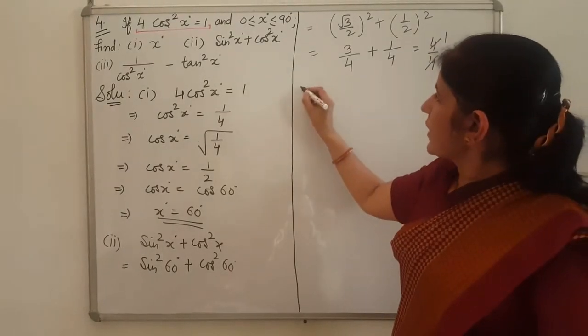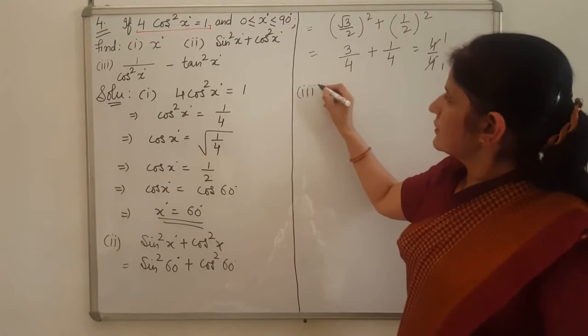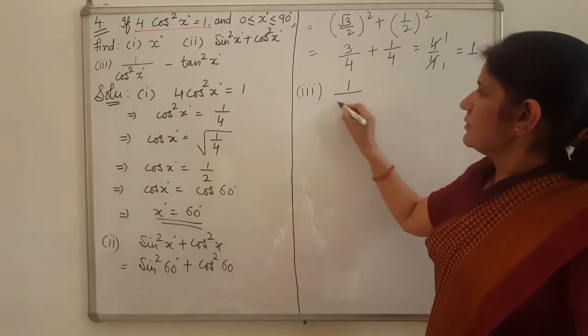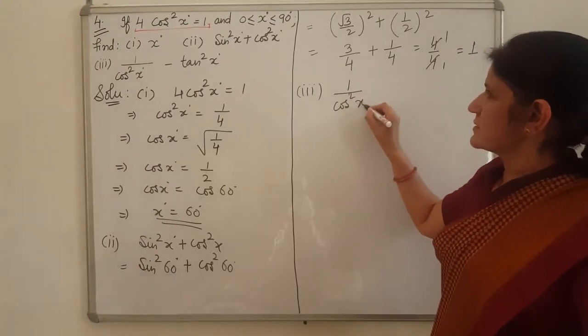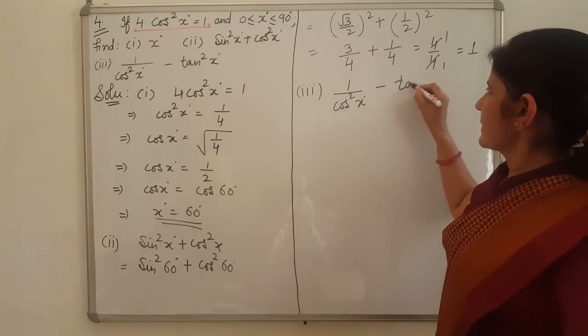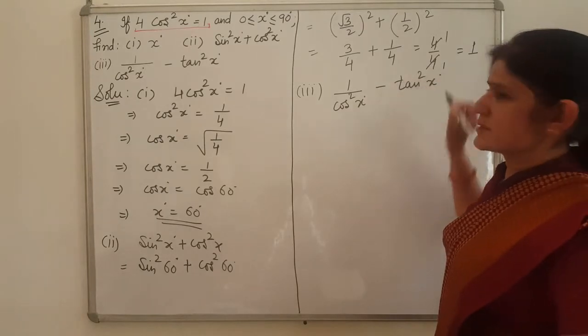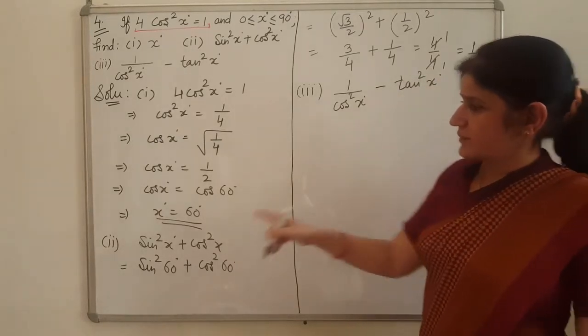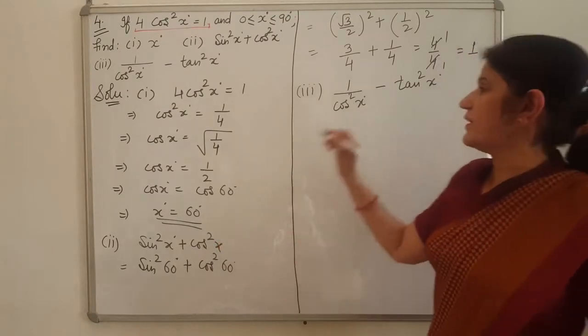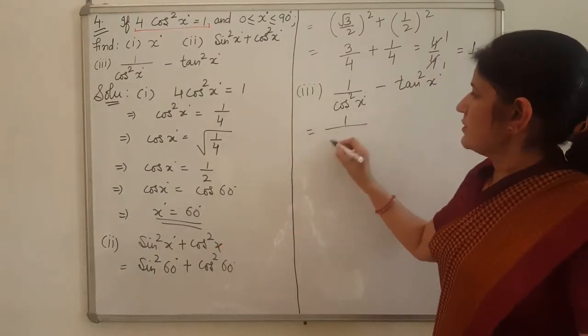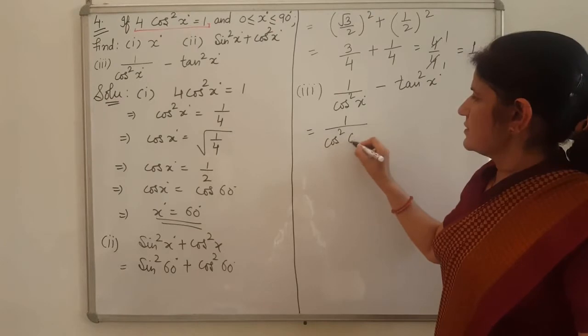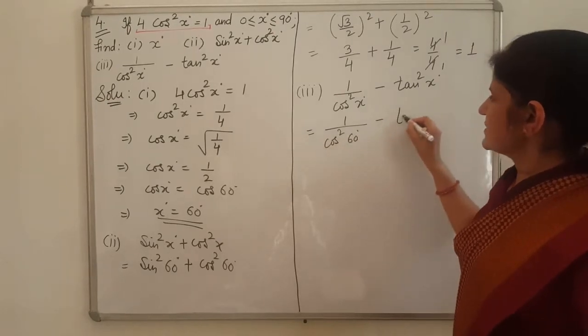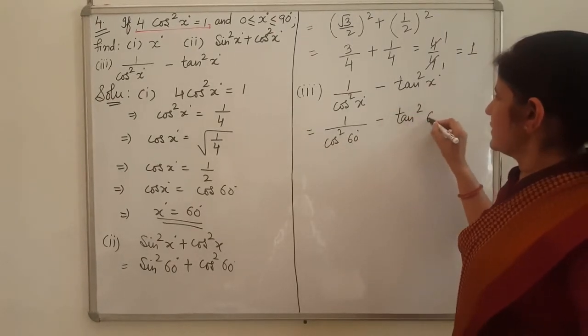Now third part, 1 upon cos square x minus tangent square x. Now what is x? 60 degrees. We substitute here 1 over cos square 60 minus tangent square 60.